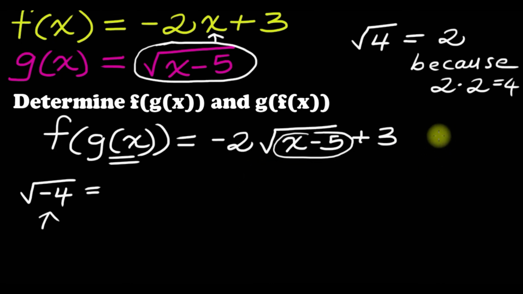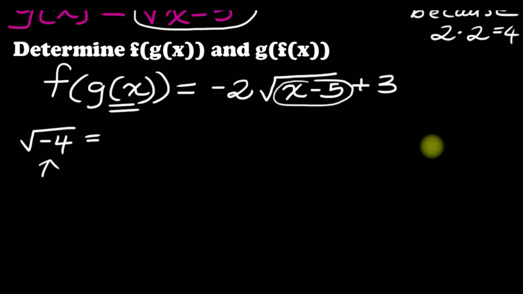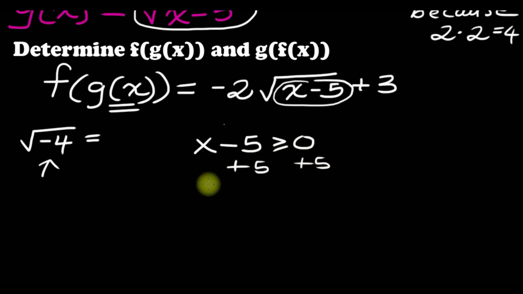So we're going to set that expression greater than or equal to 0, and then solve for it. So x take away 5 is greater than or equal to 0. To solve for it, we would add 5 to both sides. We know how to do this.